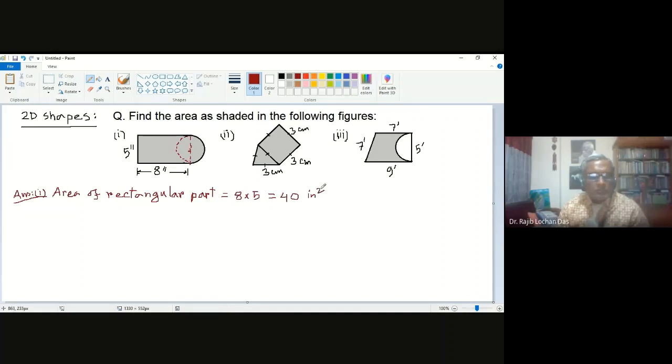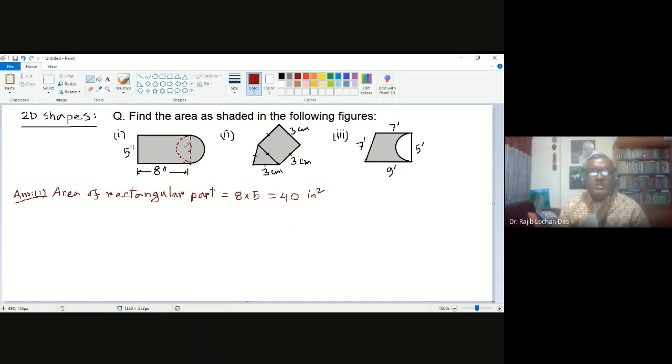So this is the first part, finished. Now for the circular part, you need to find the half of the circle. The formula is pi r square, and half of the circle will be half of pi r square.